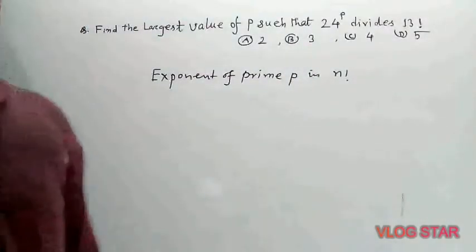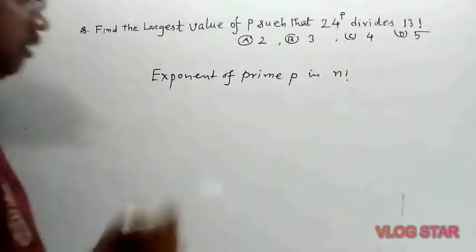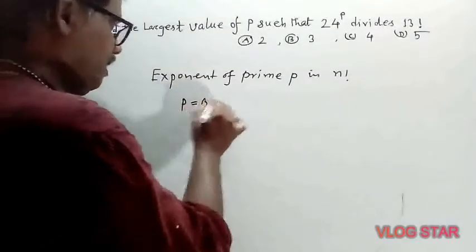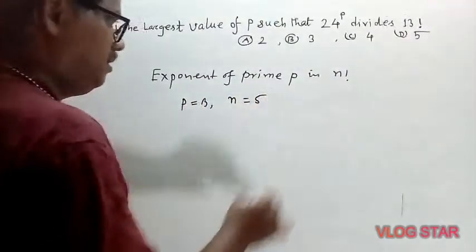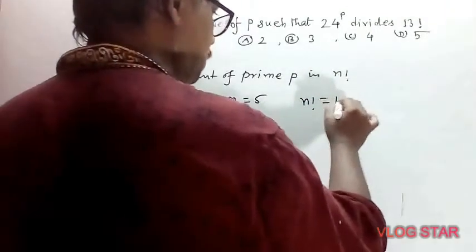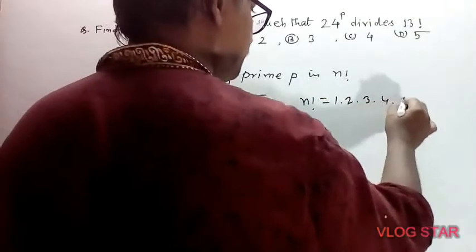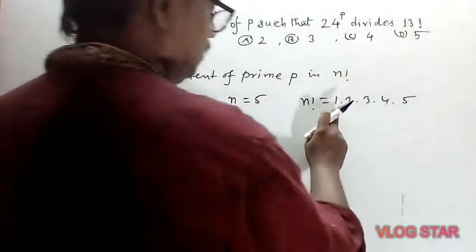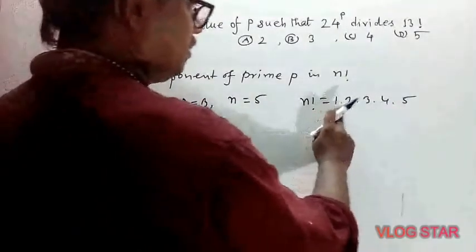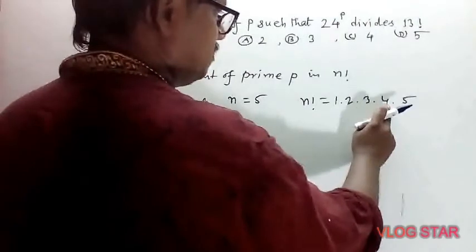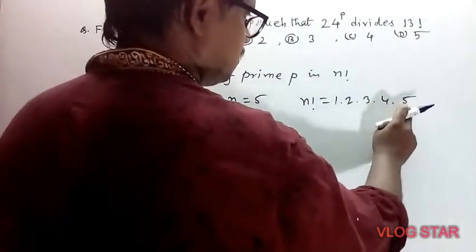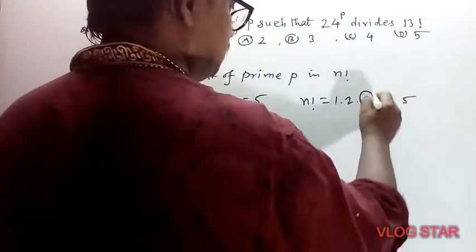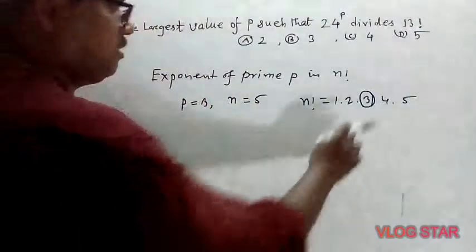To illustrate this, suppose p equals 3 and n equals 5. Then n factorial means 1, 2, 3, 4, 5. So how many 3's are here? 1 is not divisible by 3, 2 is not, 4 is not, 5 is also not divisible by 3, only 3 is divisible by 3. How many 3's? 1.